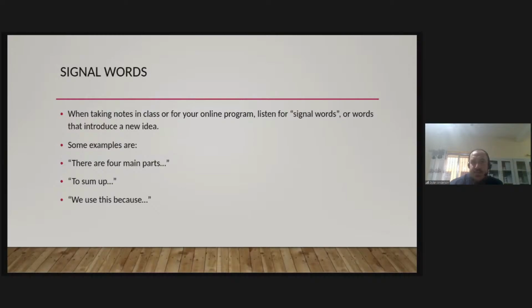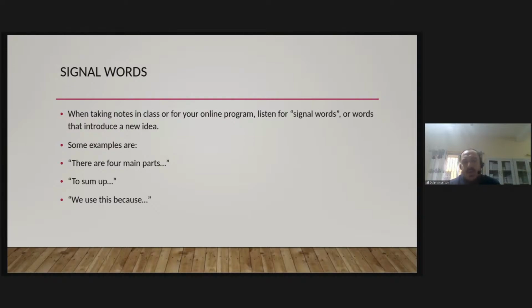Now, when you're taking notes for your class or for your online program, there are different signal words that teachers and educators will commonly use when they give lectures. Some examples are, if they say there are 4 main parts to this, or this has 2 sections, or this is split up into 3 different parts.